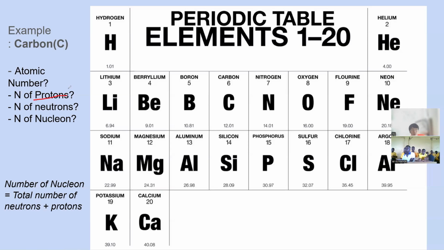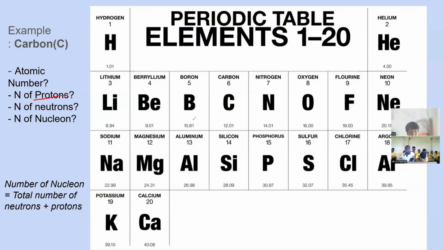And how can we tell the number of neutrons and the number of nucleons? Well, you can look at the atomic mass, which is down at the bottom here. Atomic mass basically tells you the number of nucleons, the number of protons plus the number of neutrons.